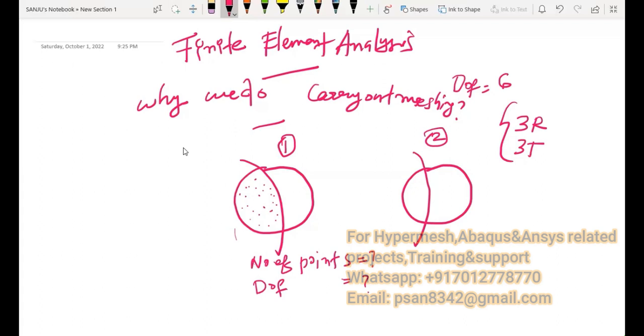So here in the second, I am doing some method to make an equation through some process. That process is termed as discretization.